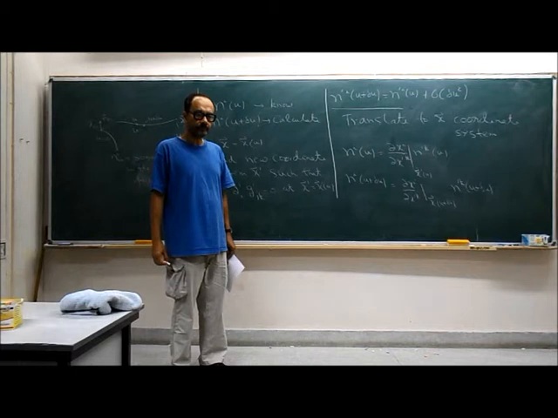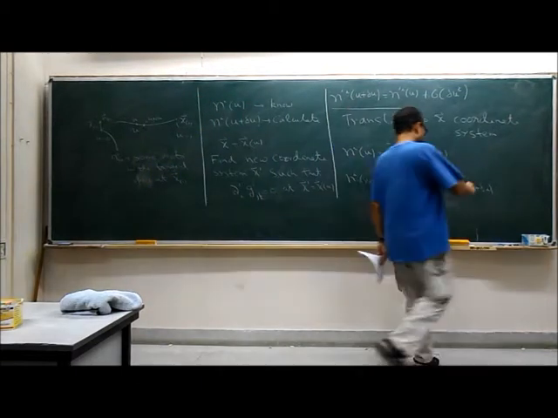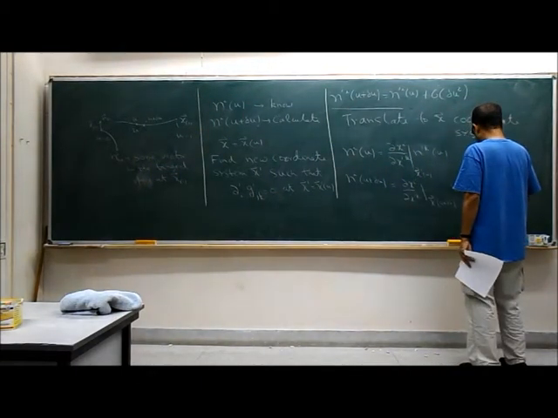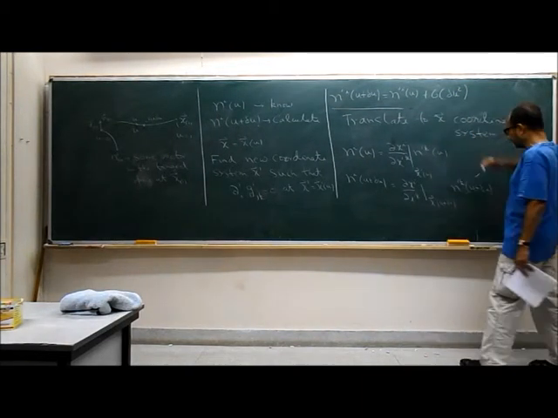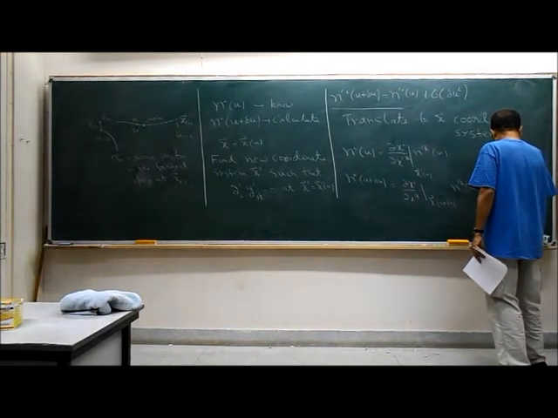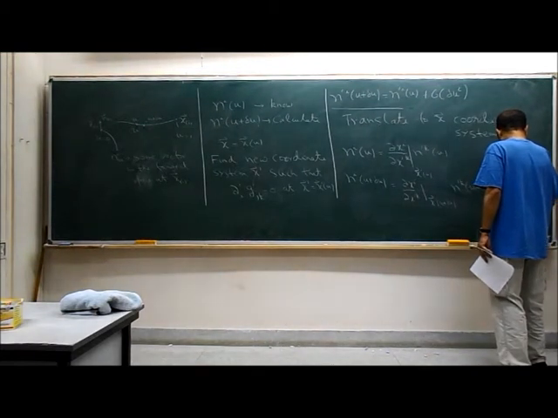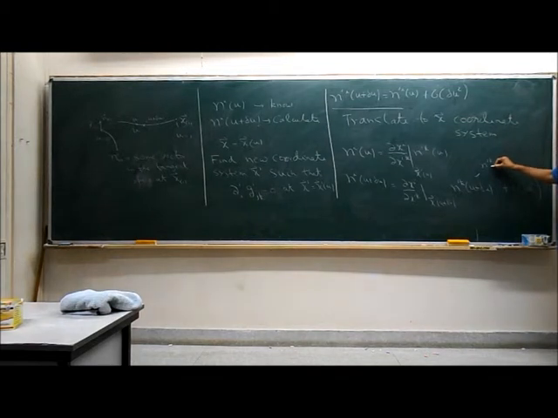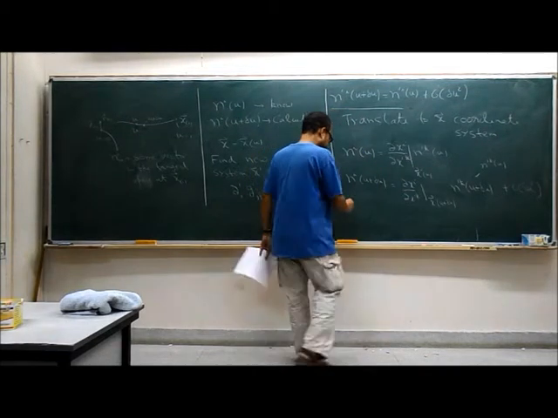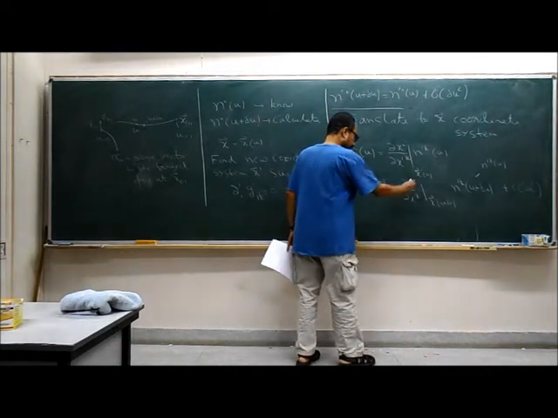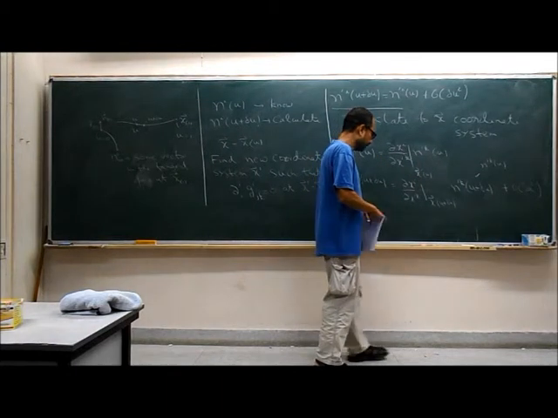But this, by definition, is the same as n prime^k of u, plus order delta u square, which we will not worry about. We can replace it by n prime^k of u if we are willing to ignore terms of order delta u square. And so with this, I can now Taylor series expand this around x prime of u.